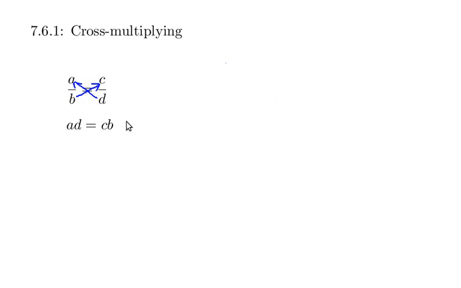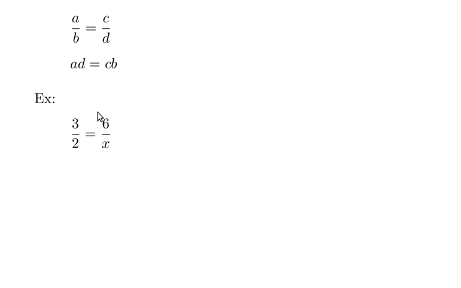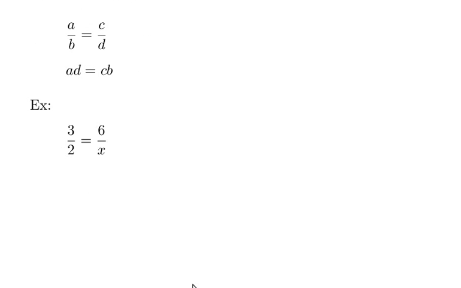So let's take a look at a specific example of this. Again, I forgot to put the examples at the beginning of the video, but I think we'll be okay. Let's say we have 3/2 equals 6 over x. We want to cross-multiply this.